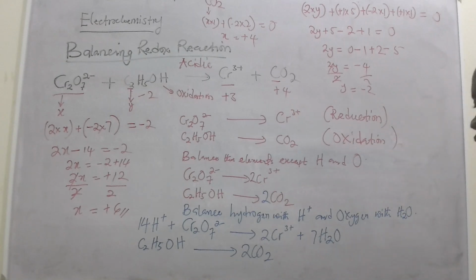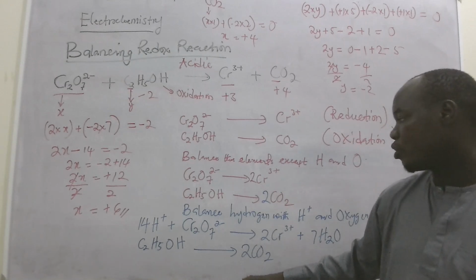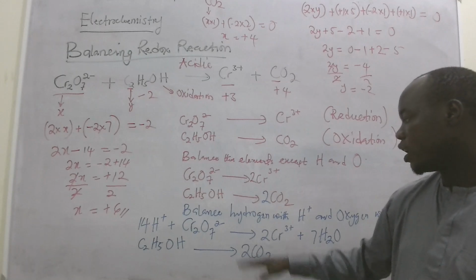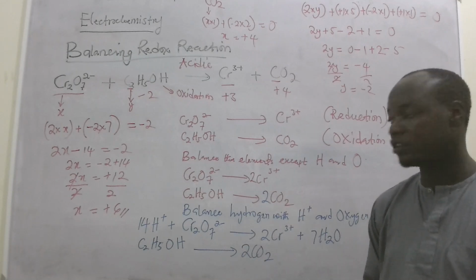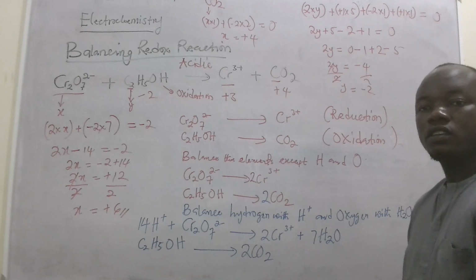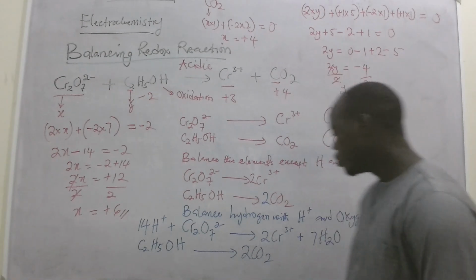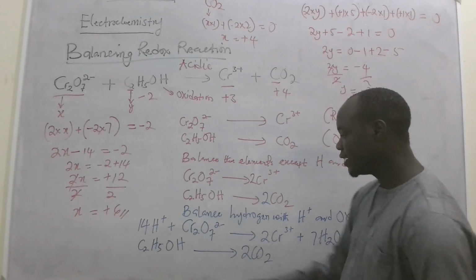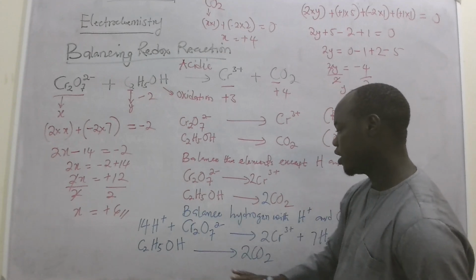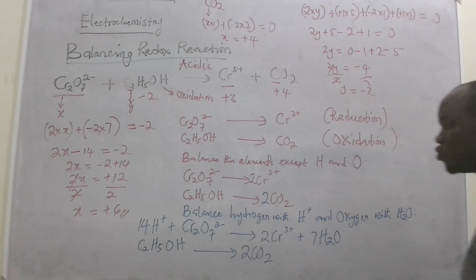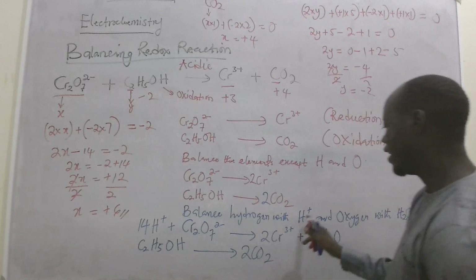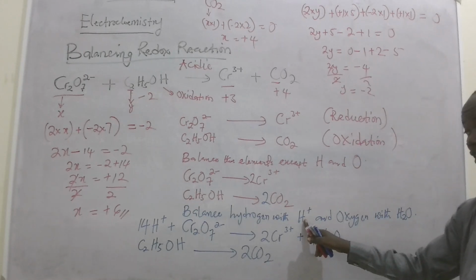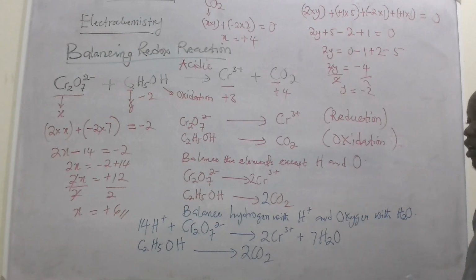So now the question is, how do you balance this? To balance the number of hydrogen here, what do we do? We add hydrogen ion. So how are you going to add hydrogen ion?